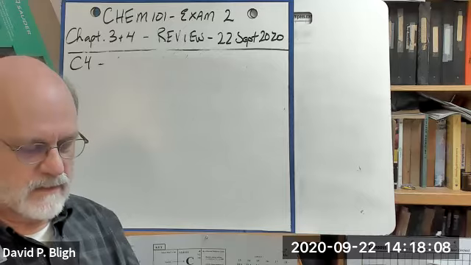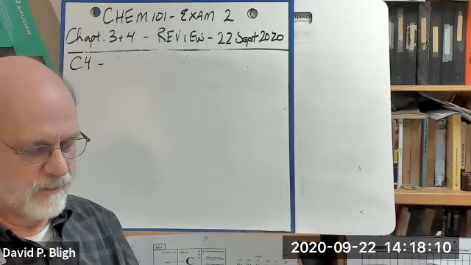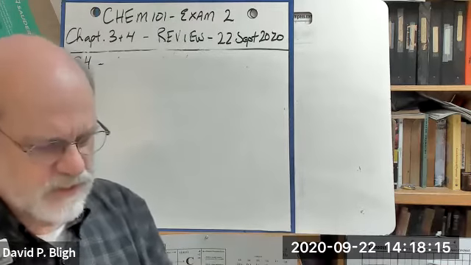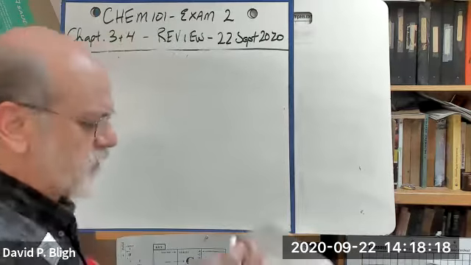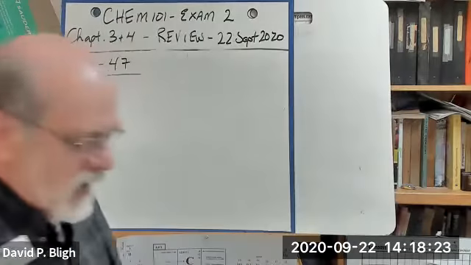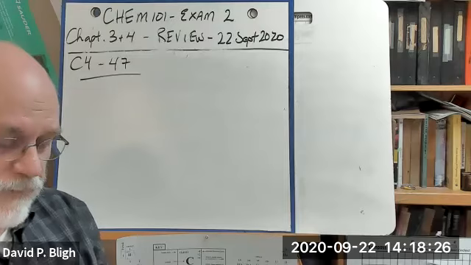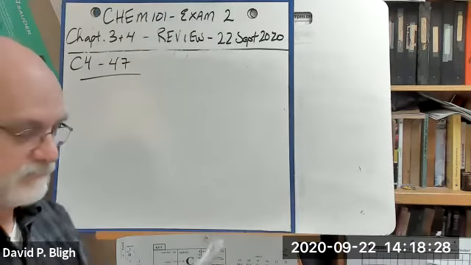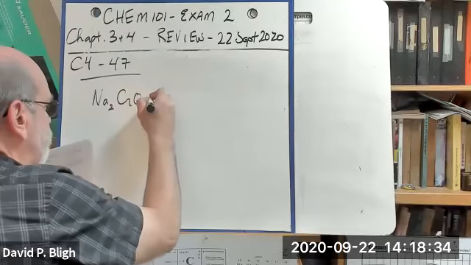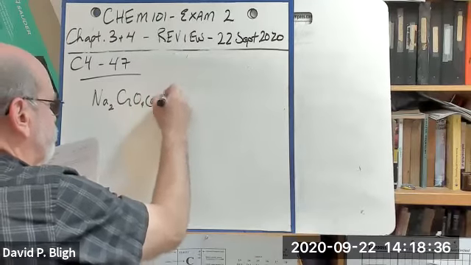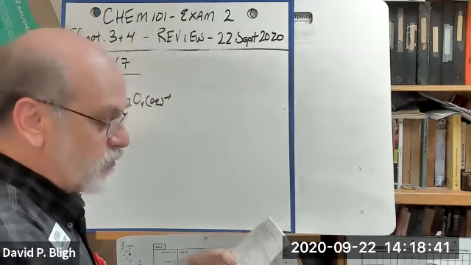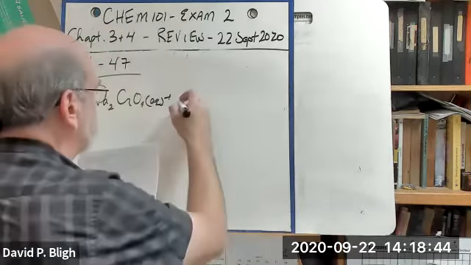All right, this one shouldn't take too long. Number 47. You have 88.6 milliliters of 2.5 molar sodium chromate solution, and 125 milliliters of 2.5 molar silver nitrate.